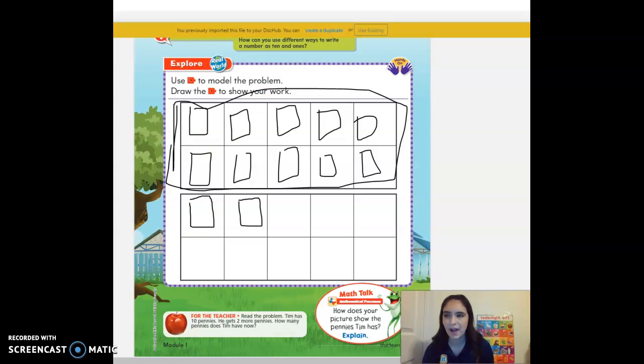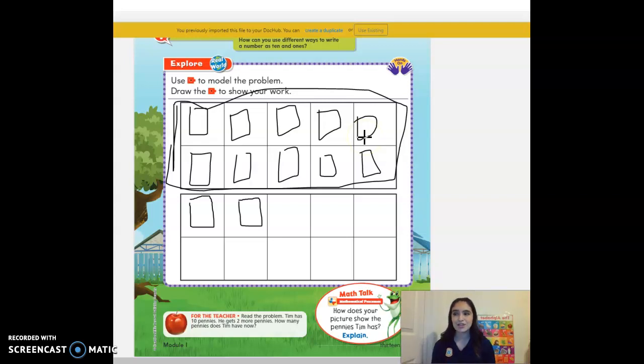All right. Let me see. How can we find the total without having to count each cube one by one? Can anyone help me? What's the fastest way that I can do that instead of having to count each one individually? Well, when a 10 frame is full, like this 10 frame up here on top, it is 10.